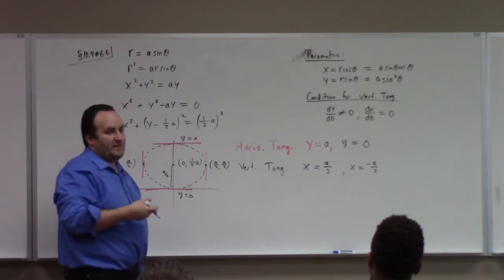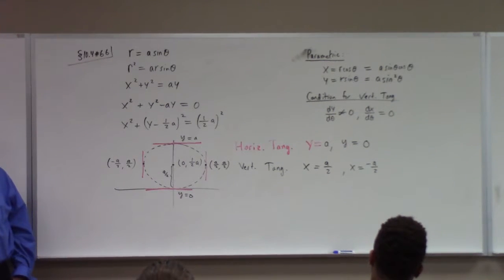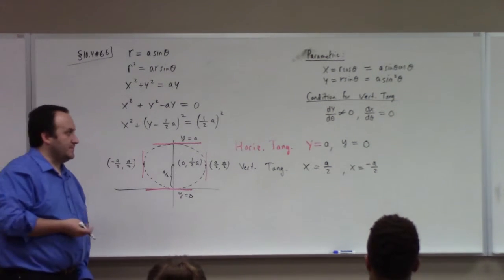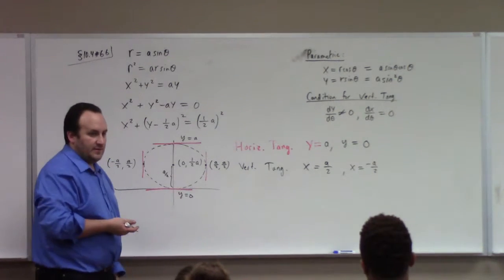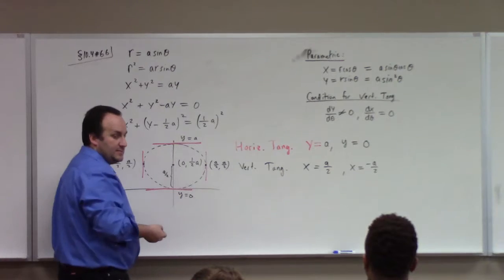If they're both 0, I don't know what's going on there; I'd have to approach it in a limiting sense. But if dy d theta is non-zero and dx d theta is 0, that means I'm passing through a point in the vertical sense.